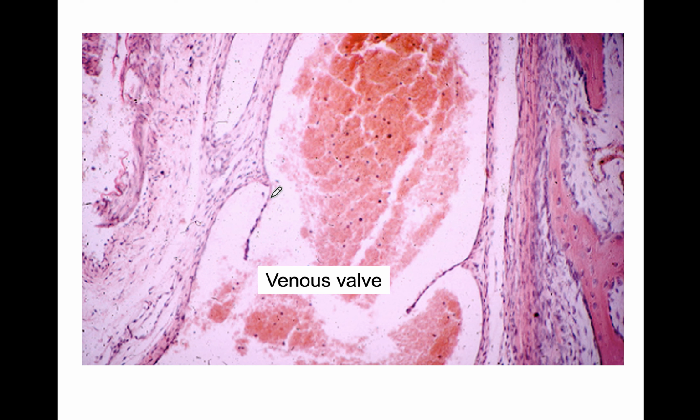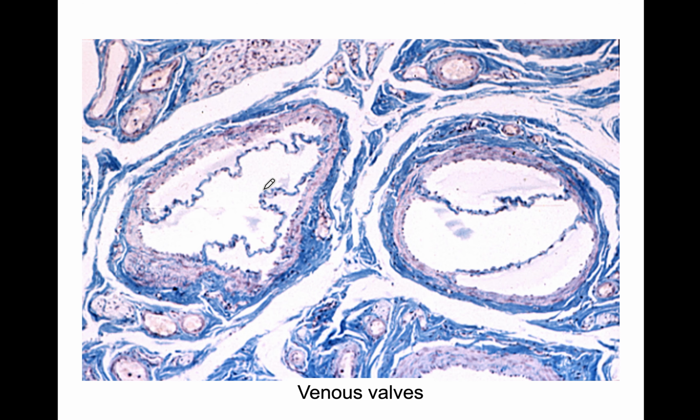See again here, this is the valve, which is an extension from the tunica intima. This is covered by simple squamous epithelium, and in the middle we have the subendothelial connective tissue. Again, all of these structures that we can see here are veins, and inside we have this structure here, which is the valves.